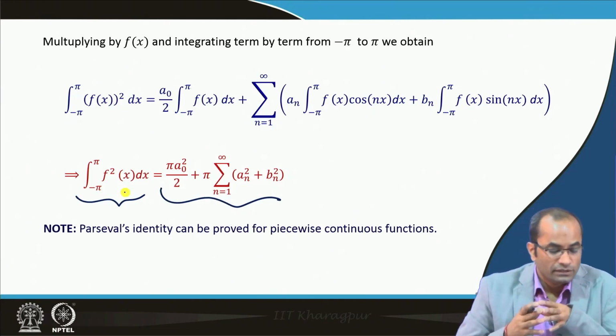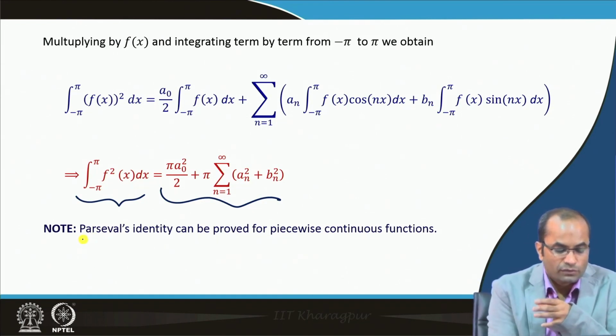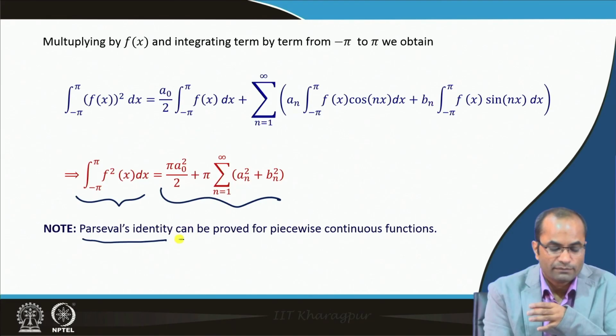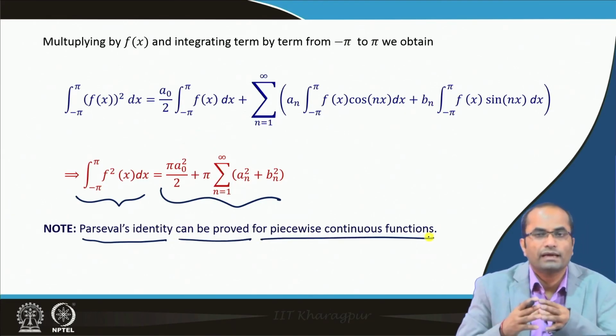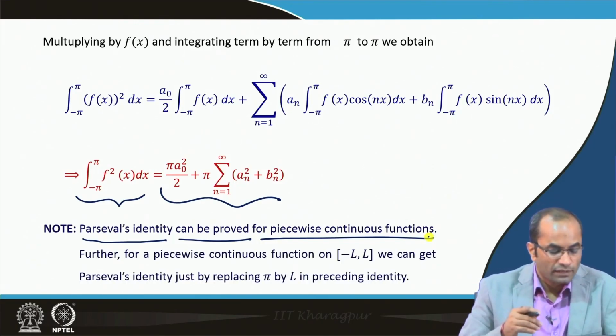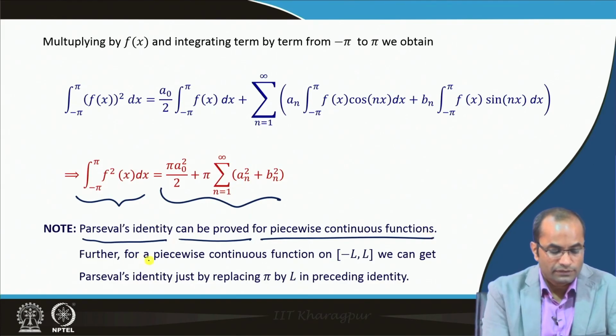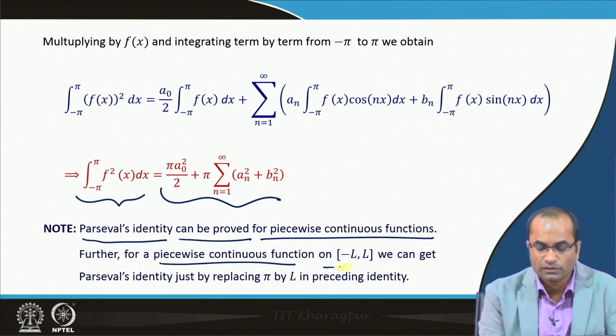Parseval's identity. Just a note here, which I have mentioned already, that this Parseval's identity can be proved for piecewise continuous functions. So, we do not need any additional restrictions like the continuity we have taken here, and further a piecewise continuous function on this interval.